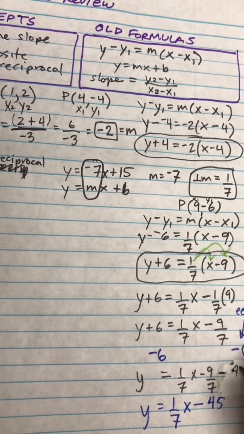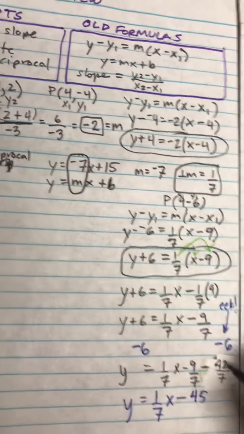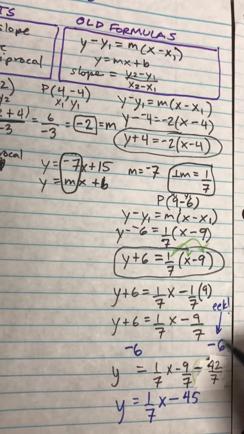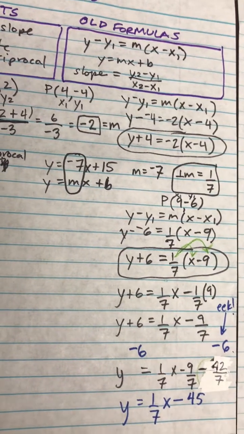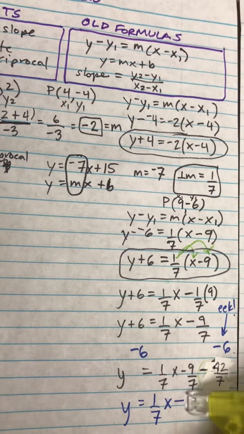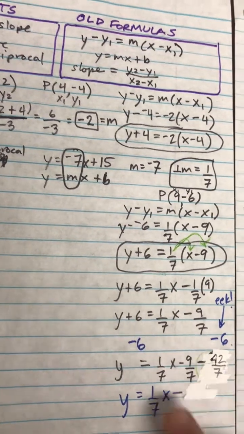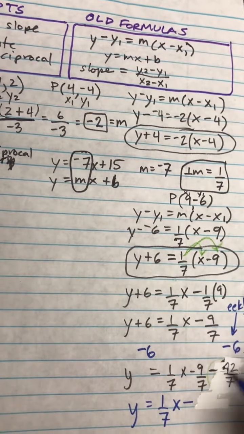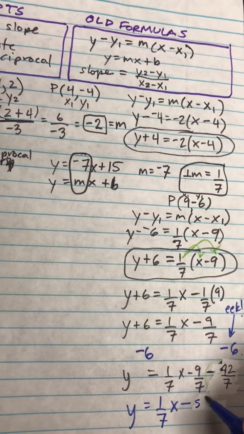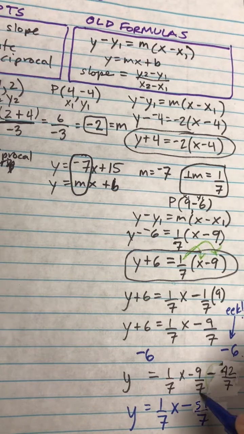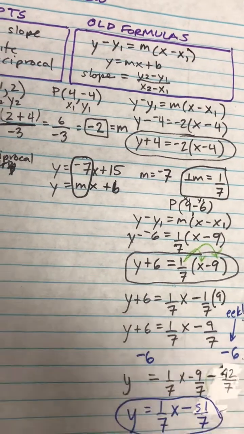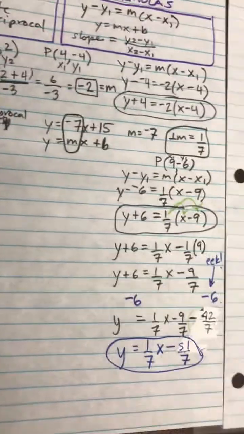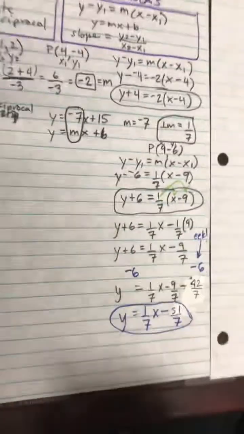So negative 42 over 7, I promise, is the number negative 6, and now the denominators are alike. They're both 7s. So negative 9 minus 42 would be negative 51 over 7. Now it's in slope-intercept form. Yucko, right?